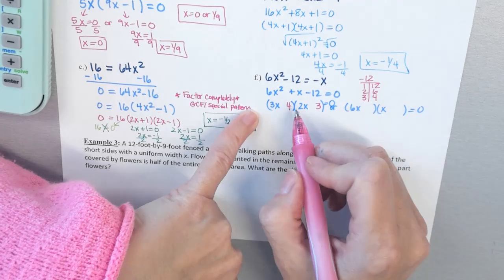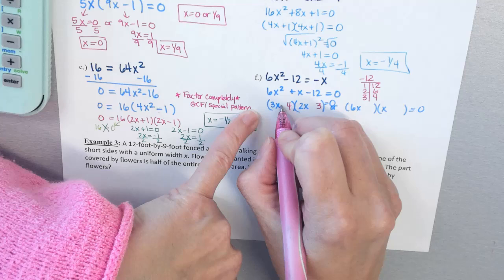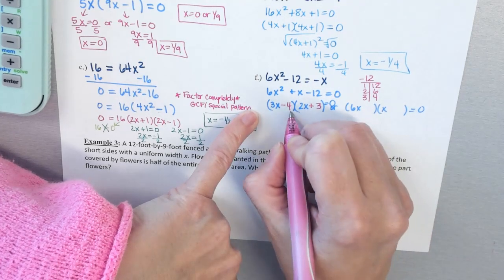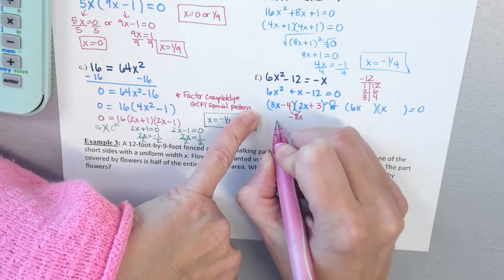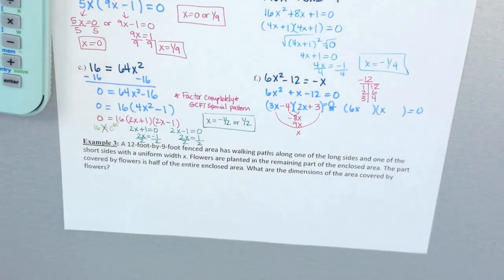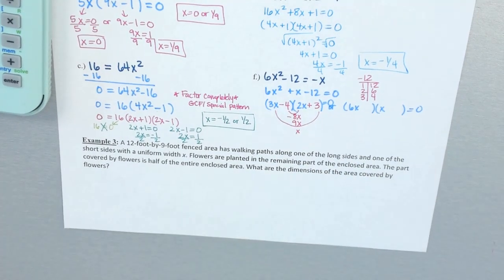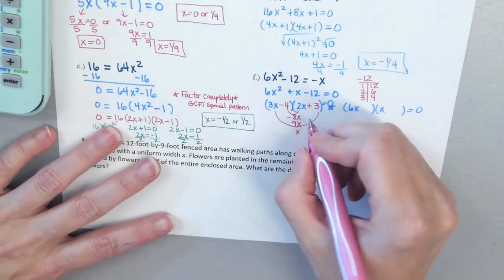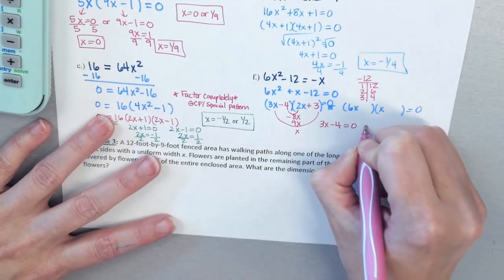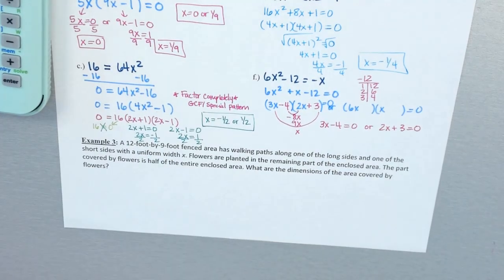okay, you can also think about if you have a negative, your signs have to be what? Opposite. One has to be plus, one has to be minus. So you have -8, 3 times 3 is 9, so you get a +1. If you got a -1, all you have to do is switch the signs and you'd have the correct answer. So then you have 3x minus 4 equals 0, or 2x plus 3 equals 0.